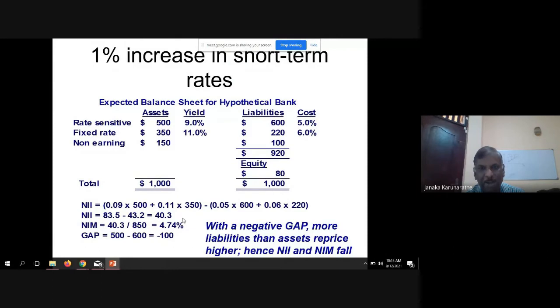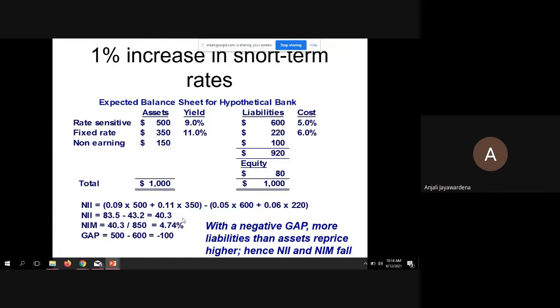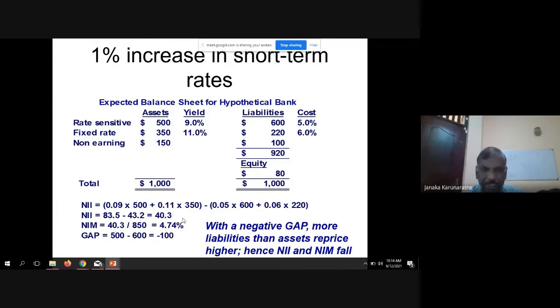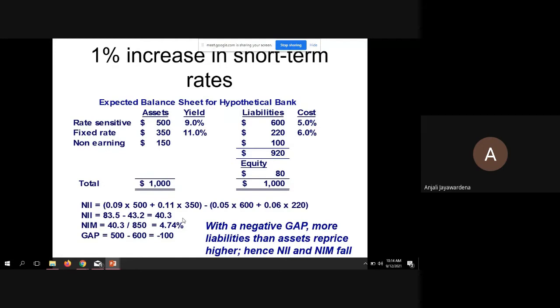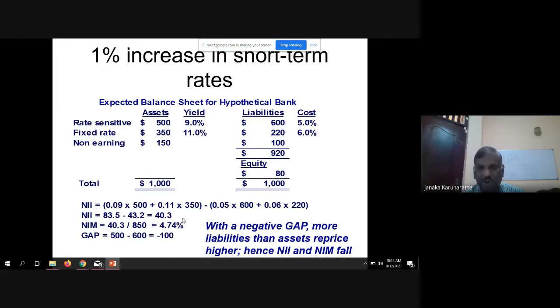Can someone tell? Gap is minus 100, and minus 100 times delta R, which is plus 1%. Yes, 1% means 0.01.